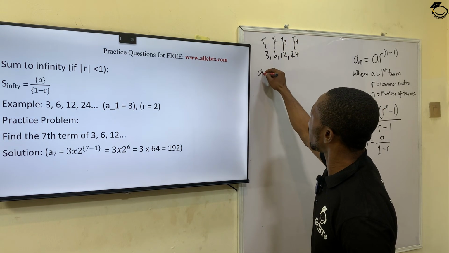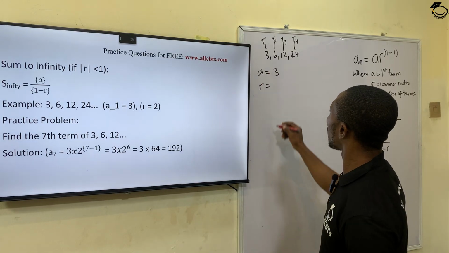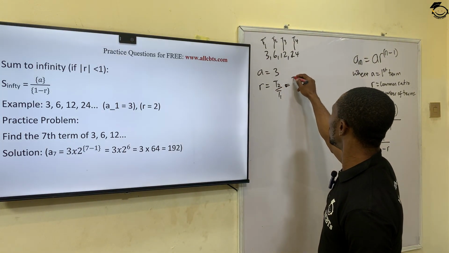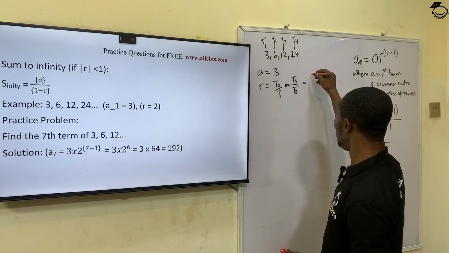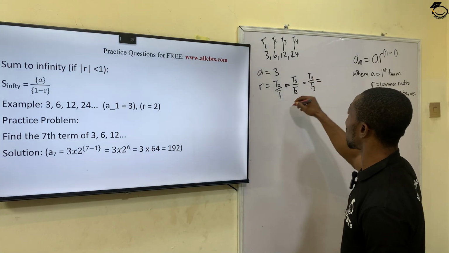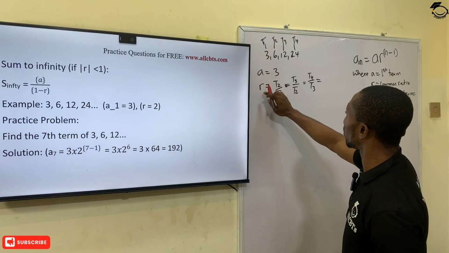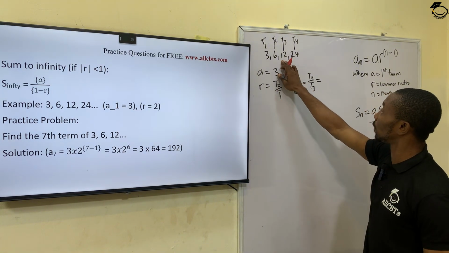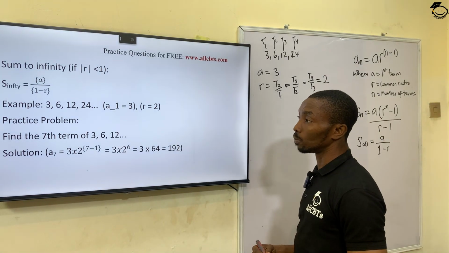For us to find our common ratio r, we have it as T2 over T1, or T3 over T2, or T4 over T3. Either way, we should have the same answer. So T2 over T1 will be 6 over 3, which will give us 2. 12 divided by 6 will give us 2. And 24 divided by 12 will give us 2. So our common ratio would be 2.